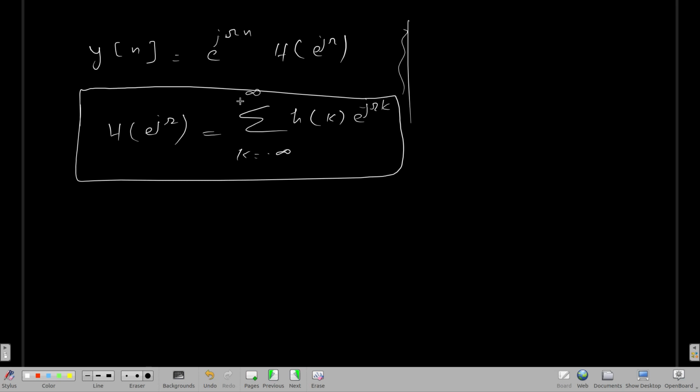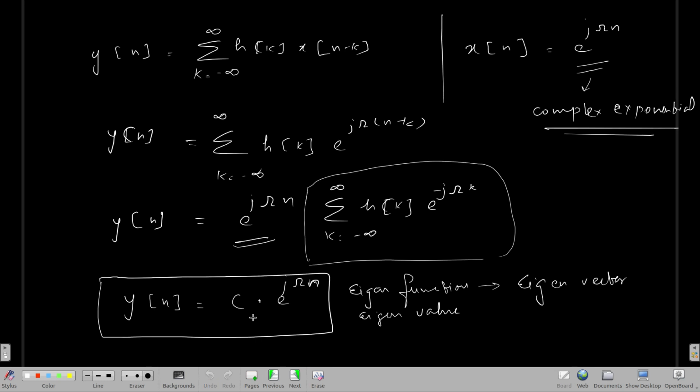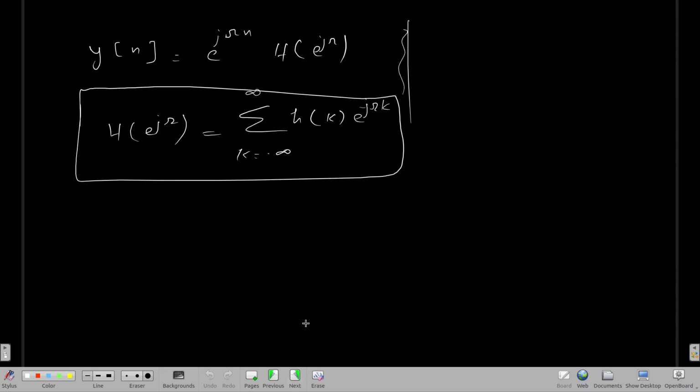This particular constant value we had, I just made it into a term, a function. This is also another function. Now what is this a function of? This is not a function of n. That is why in this scenario it will be a constant, right? This will be a constant because it is not a function of n, but it is a function of omega.